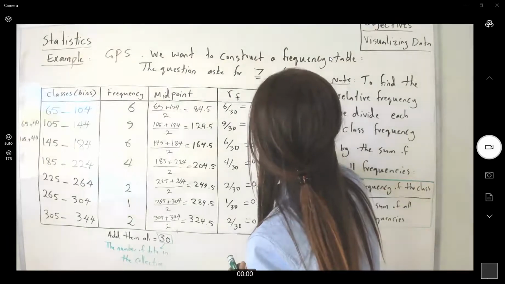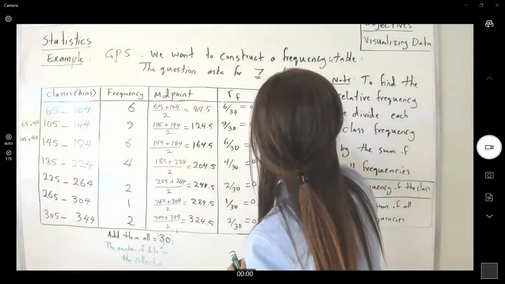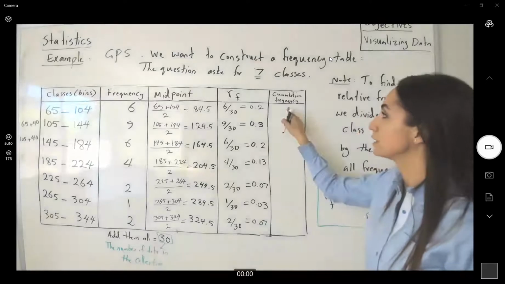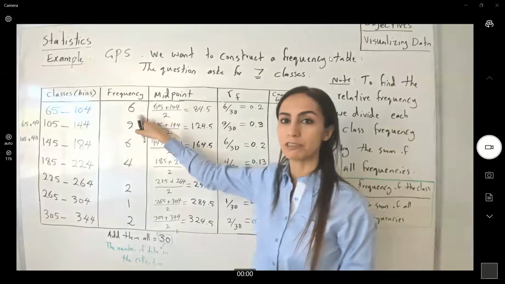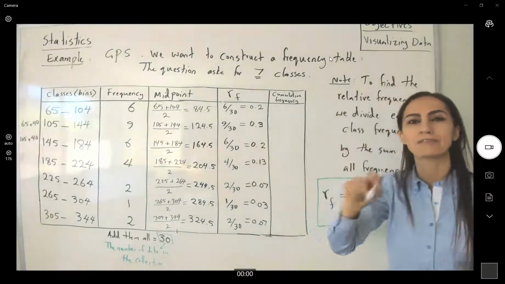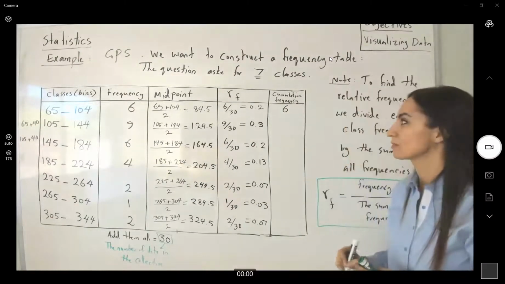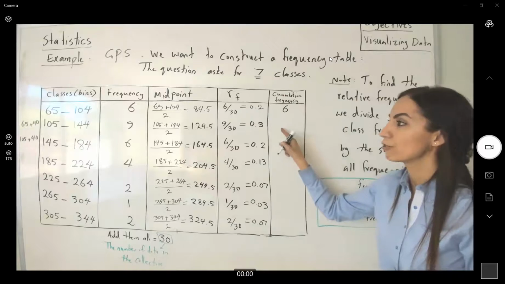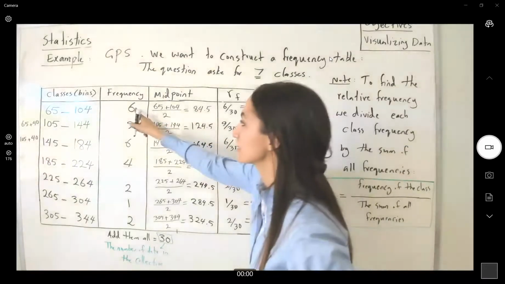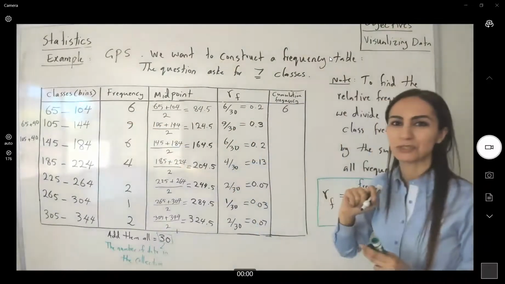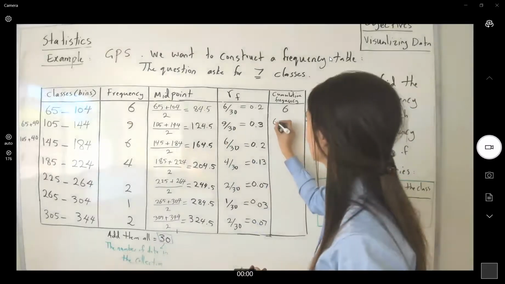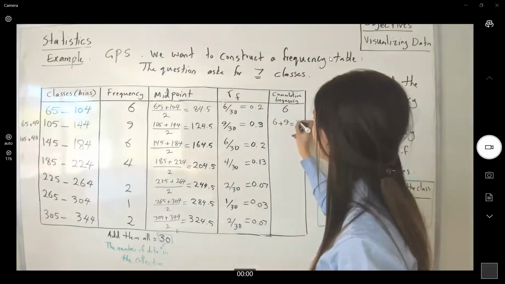So the cumulative frequency for the first class is the same as the frequency of that class. You copy down 6. The cumulative frequency for the second class is the sum of these two frequencies, 6 plus 9, 15.